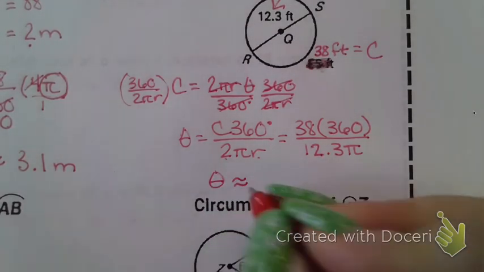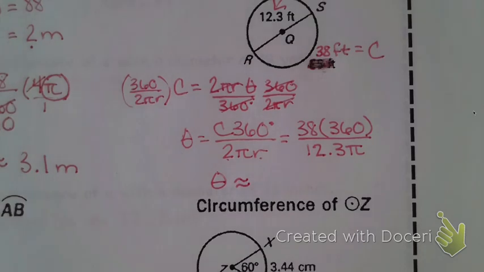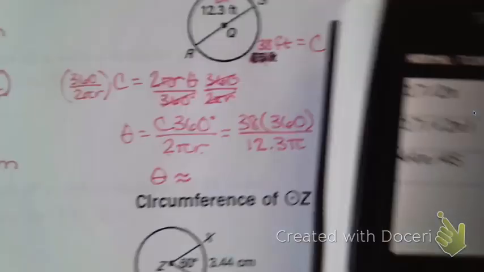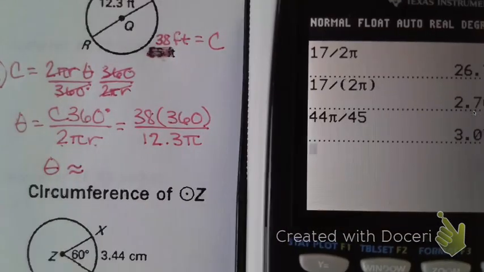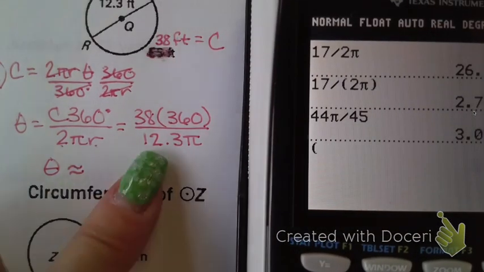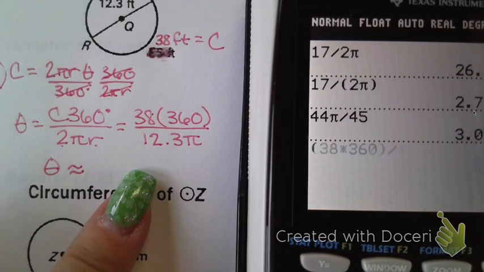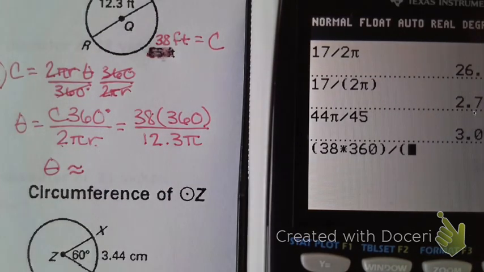Okay. So let's put it in our calculator and let's put it the right way. So we're going to put parenthesis 38 times 360 end parenthesis divided by another parenthesis, right? 12.3.